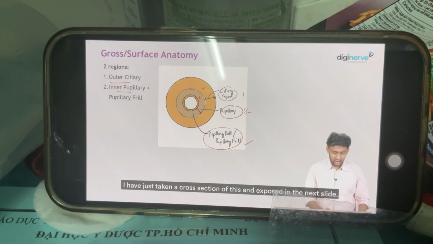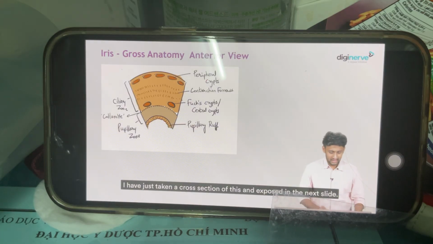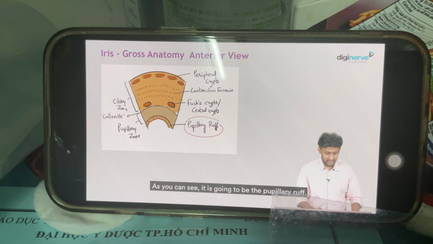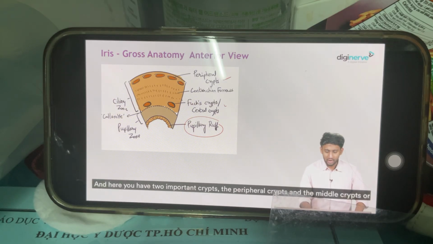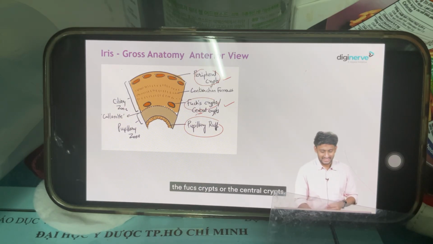I've taken a cross section of this and exposed it in the next slide. As you can see, this is the pupillary ruff. Here you have two important crypts, the peripheral crypts and the middle crypts, or the Fuchs crypts, or the central crypts.